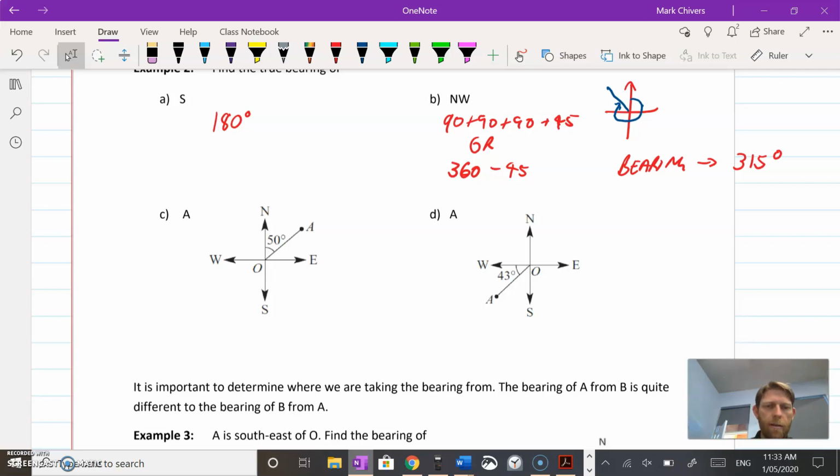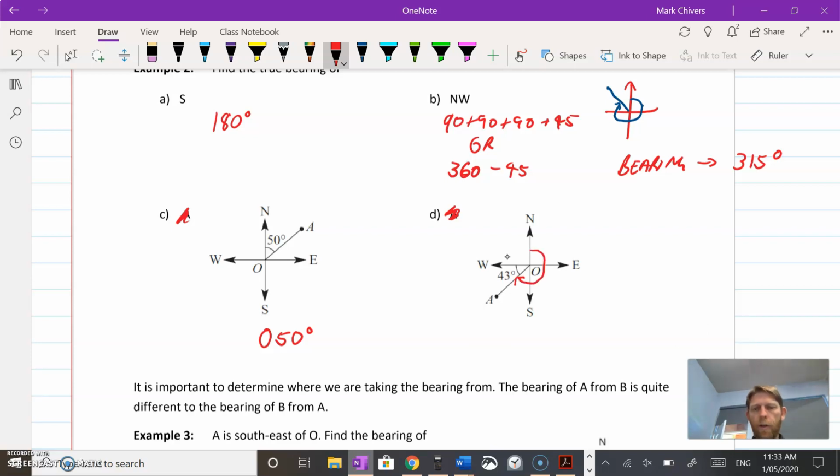Okay. So moving on to the next version, ignore that one as well. In this particular case, instead of saying north 50 degrees east, this is just 050 degrees. Make sure it's a 3-digit response that you give. Once again, I'm interested in knowing the angle all the way around to here.